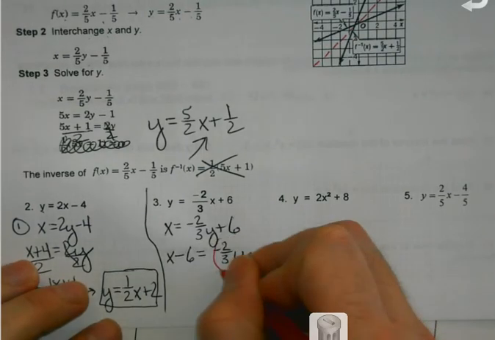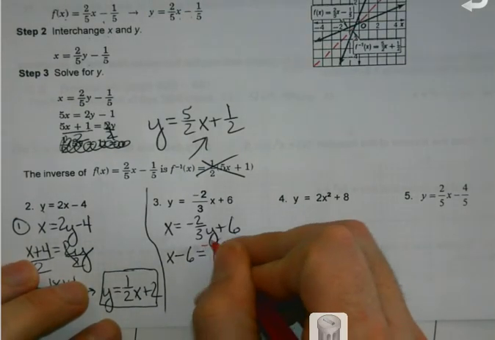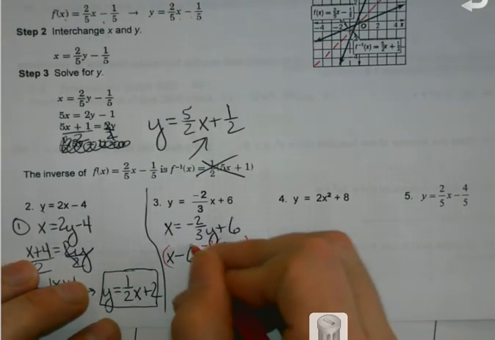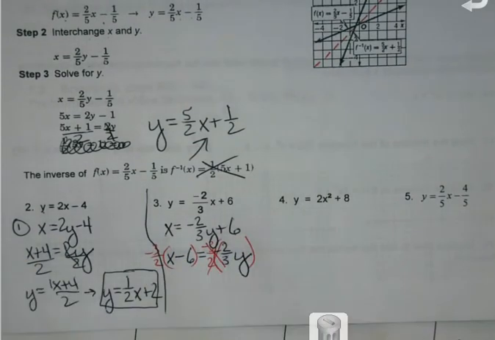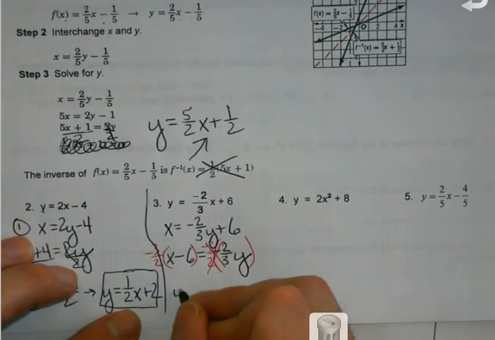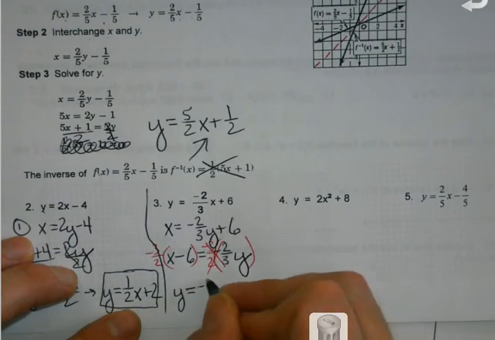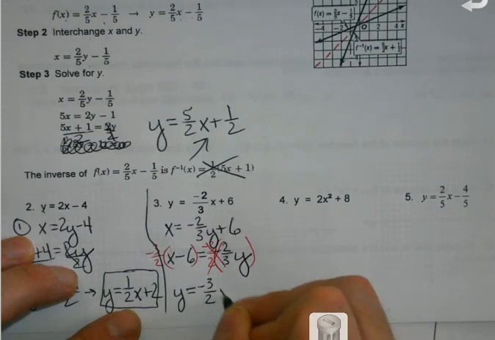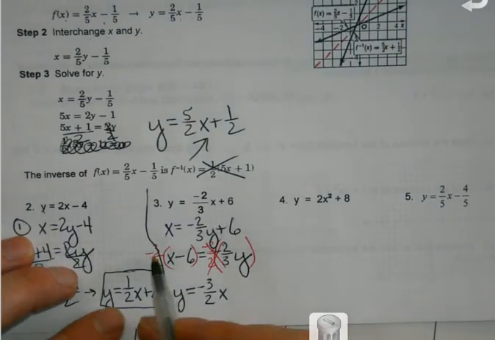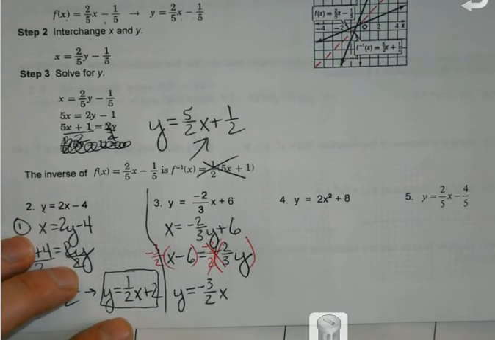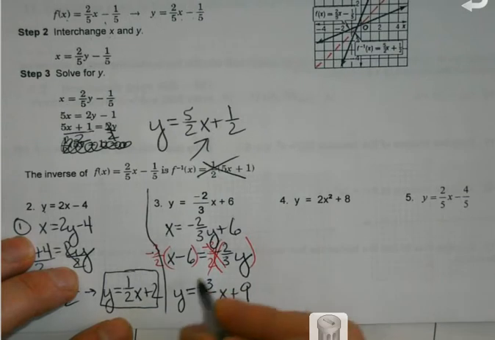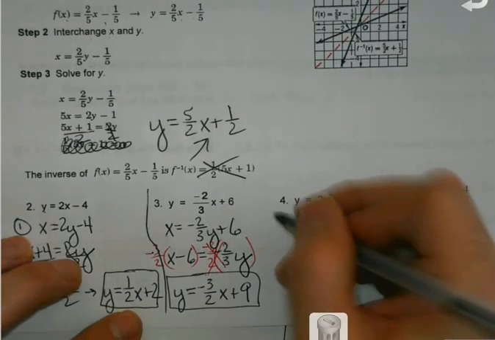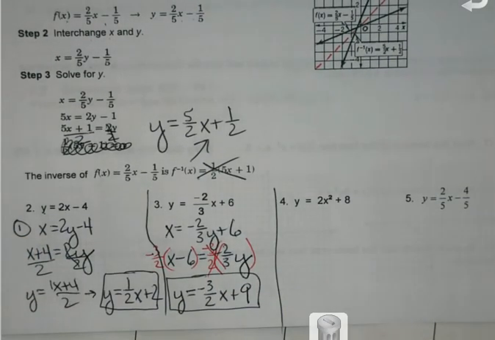What I would want to do here, of course, is multiply by the reciprocal, which would be negative 3/2. So y would equal negative 3/2 x. And then again, this is the detail work some of you got to slow down on. Negative 3 times negative 6 is 18, divided by 2 is positive 9. And that would be my inverse.